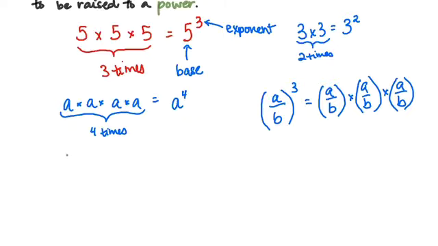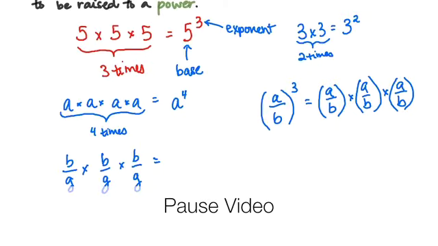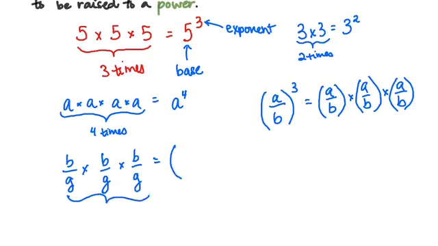So, if I had b over g, and I wanted to multiply b over g 3 times, how would you write that in exponential notation? Go ahead, pause the video and give it a try. Welcome back. If I want to write b over g times itself 3 times, then I would write b over g, in parentheses, to the power of 3.